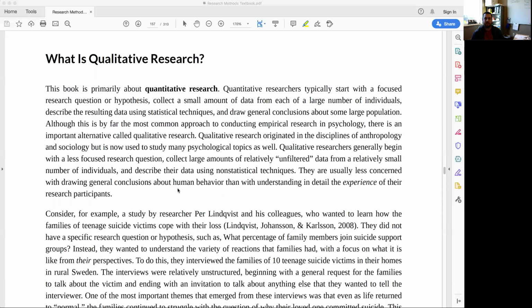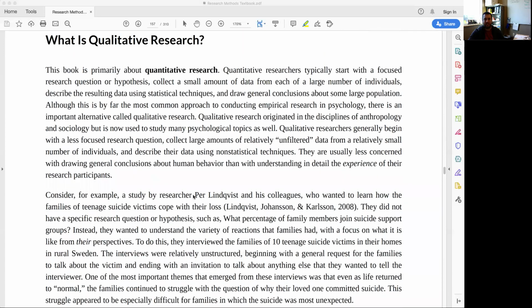I've listened to people that have and tried to learn from them, but I've never actually done it. So everything that I've been trained in has been quantitative research. And so your textbook makes sure to note that, yes, the vast majority of this book is on quantitative research, not qualitative, because the authors of your book are quantitative researchers as well.